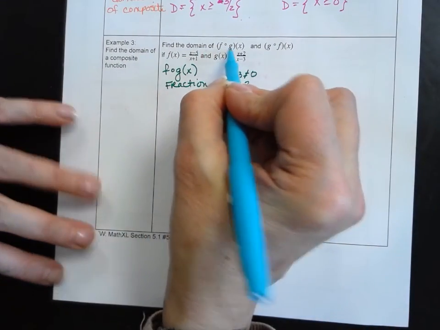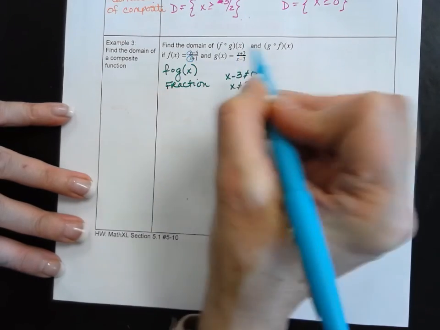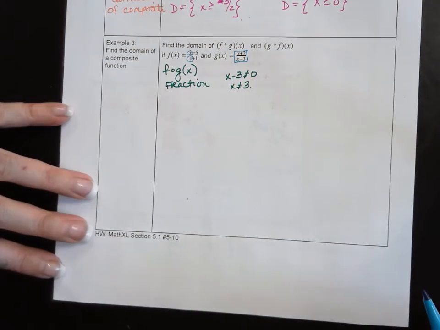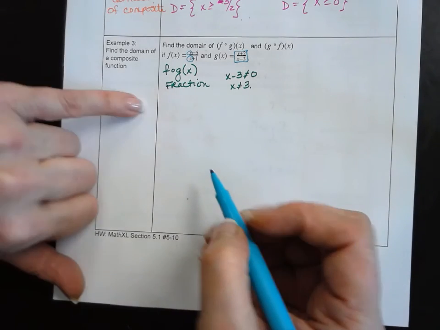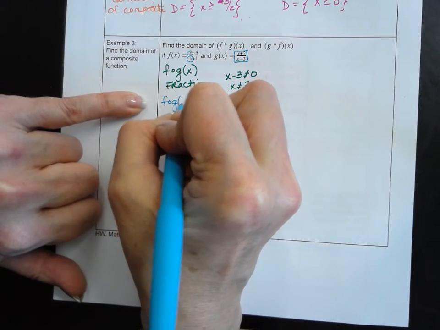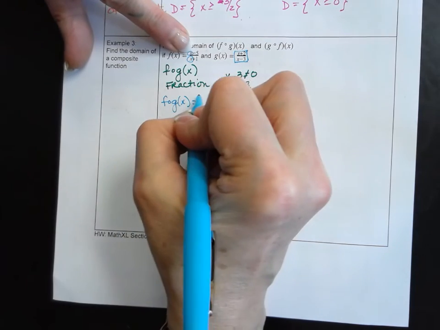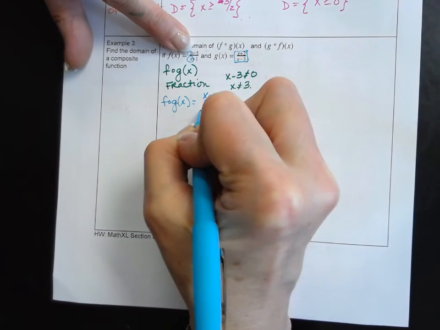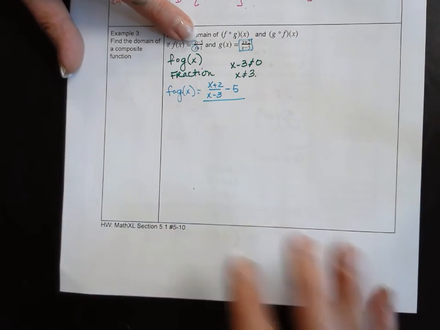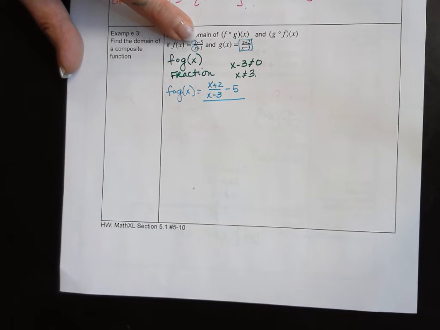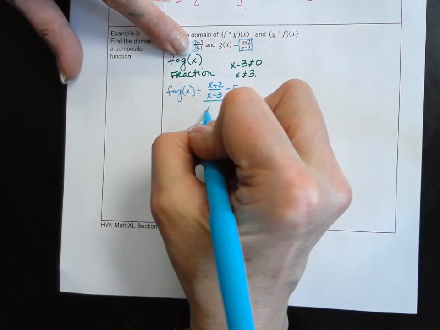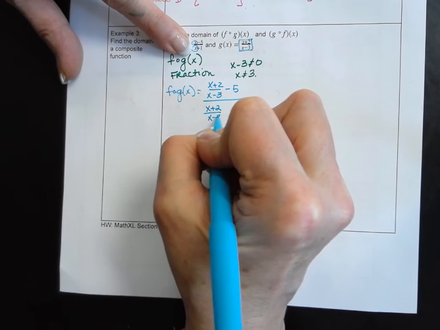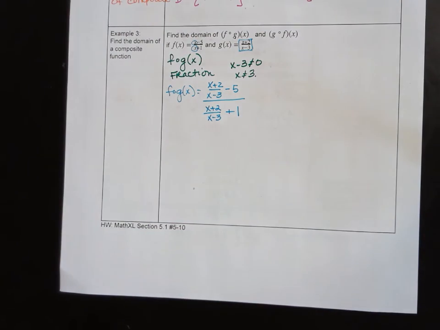All right, let's find my composite. So F composed with G means that those two x's get replaced with G. So I have x plus 2 over x minus 3, minus 5 for the top. Good. And then I have x plus 2 over x minus 3, plus 1 for the bottom. Good.